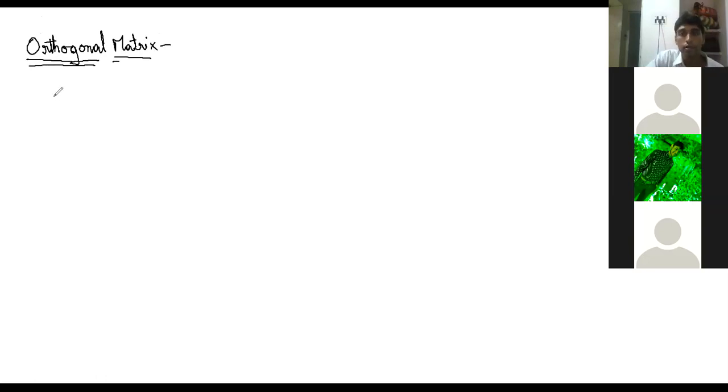So let us go ahead with the definition. A matrix A such that A transpose into A equal to A into A transpose equal to I. Okay.